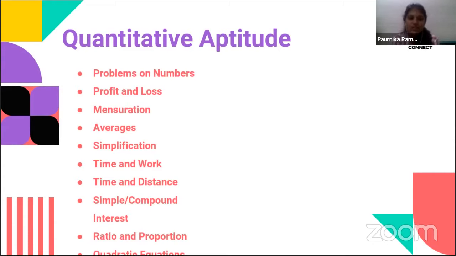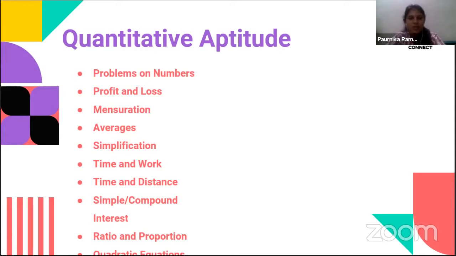Next, averages. It's of course an important topic. The upcoming topics are the most important ones, where you have to pay great attention: time and work, time, speed, distance, simple interest, compound interest. These 3 topics, I swear, no company's paper would be without.